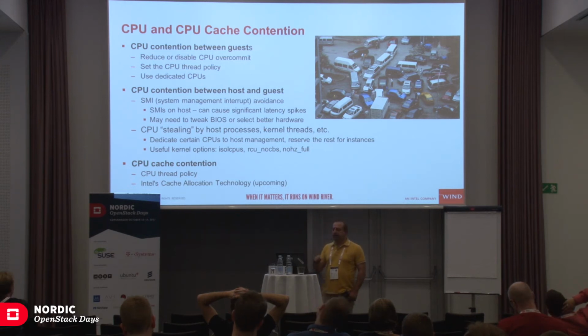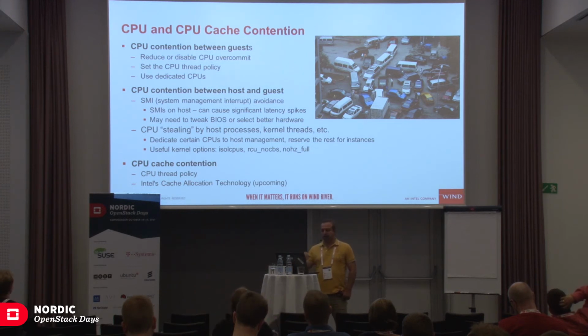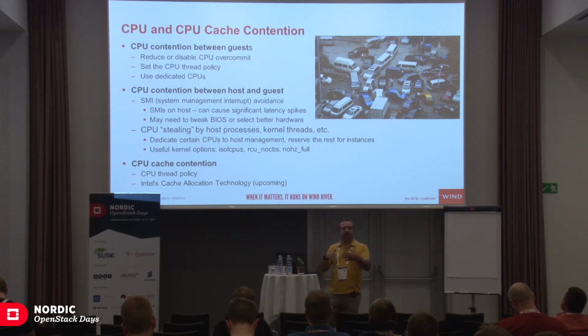The last one is cache contention. As I said, if you have a lot of VMs trying to access the cache in the CPU in the host, there's going to be contention between those VMs. In that case, there's going to be a lot of swapping of the cache to disk. So there will be a lot of access, and the cache is not going to be enough for all the CPU access we need.